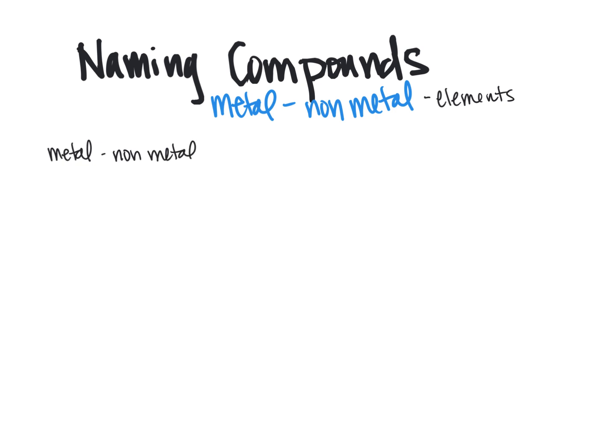If we look at the example of this compound, MgCl2, this is the subscript here, and we know that the chlorine ion has a minus charge. We know that magnesium has a 2+ charge, so we need two of these to give us the chemical formula, MgCl2.